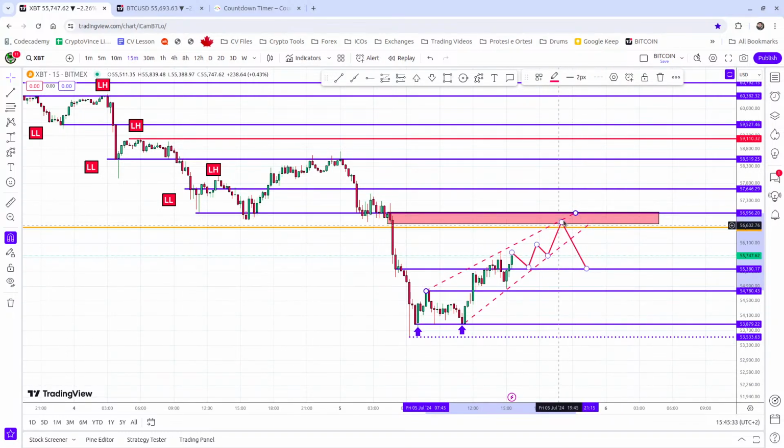Or, I mean, if this supply level doesn't reject the price, we could see a nice bullish reversal starting from that. That would be good. And as you can see here, the orange line is the swing low. We need to go above that level.